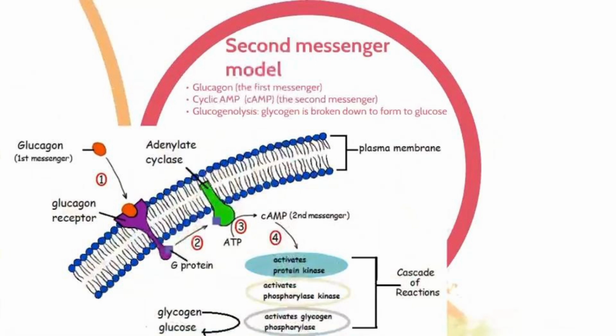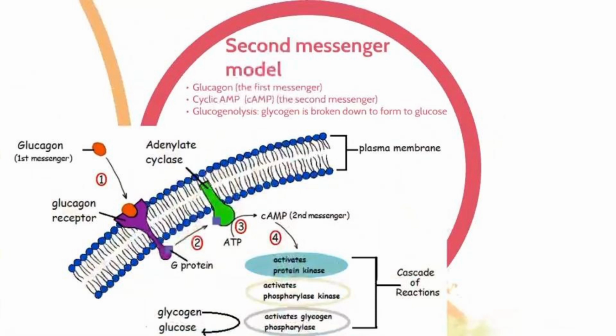You might also see this called adenylate cyclase, and either one is correct, so don't worry about that. So once the glucagon's bound to the glucagon receptor, it's activated the G protein, which has in turn activated the adenylate cyclase.